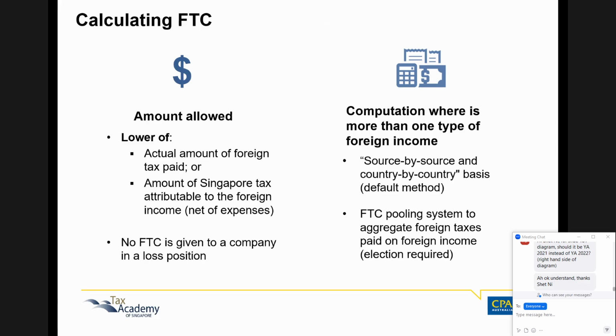But later on, we introduced what we call the FTC pooling system, where you just add all your rental income or all your foreign source income together, look at your foreign tax paid, then compare. But it really depends, sometimes it can cut both ways. So it pays for the company to work out whichever method is more beneficial to the company.